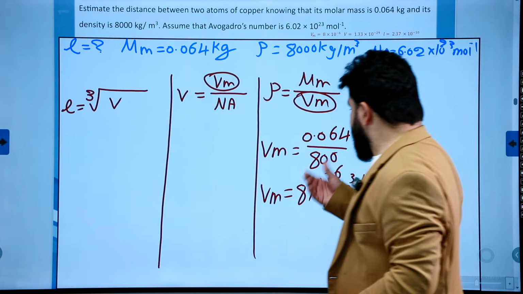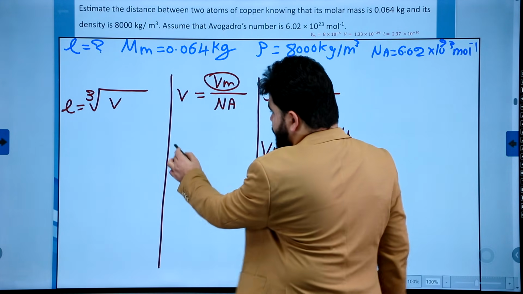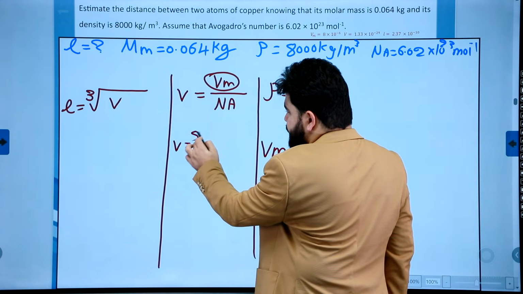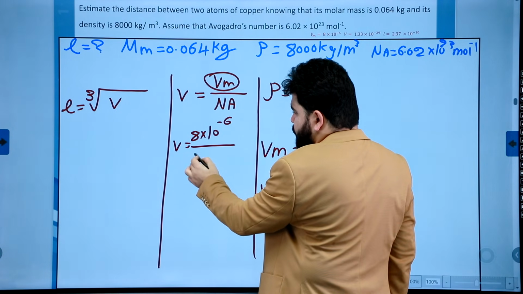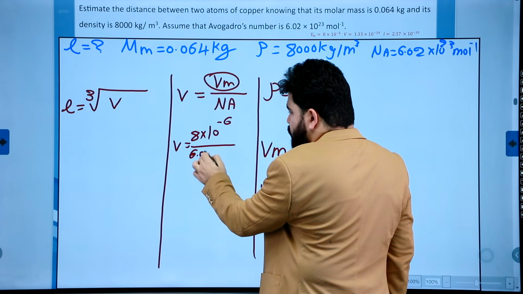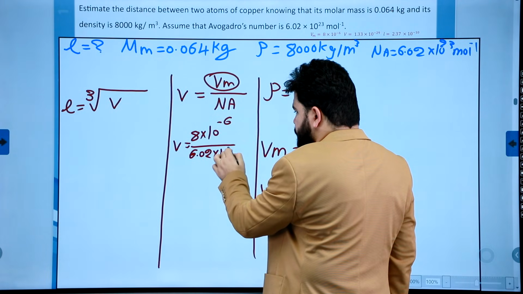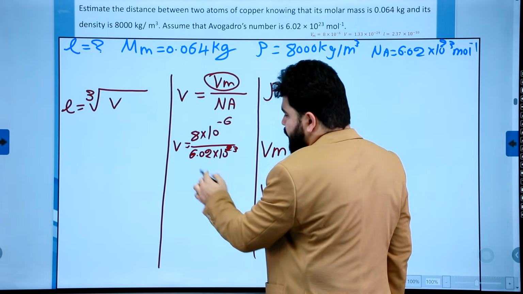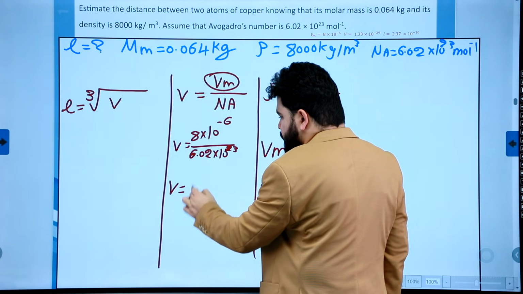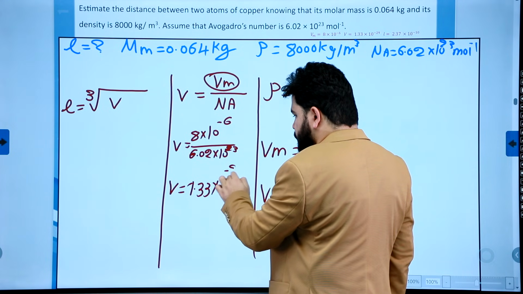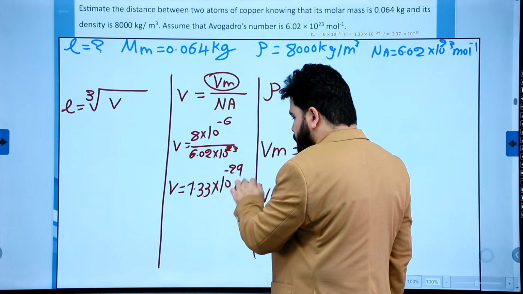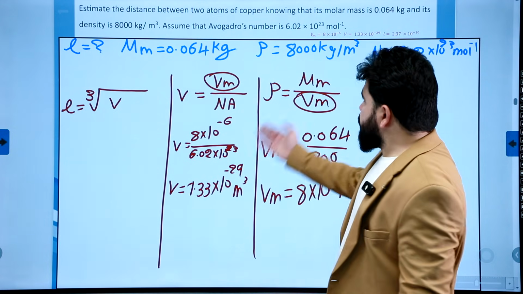Now bring this number and put it here. So volume is equal to 8 times 10 to the power of -6 divided by Avogadro's number, 6.02 times 10 to the power of 23. If you calculate this, volume is equal to 1.33 times 10 to the power of -29 meter cubed. Be careful, because mole goes with the mole.